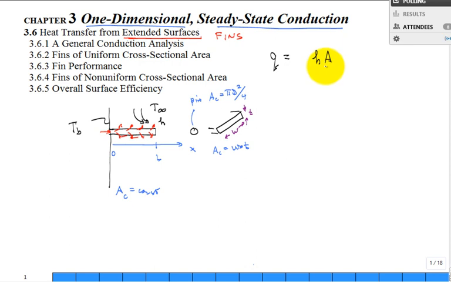I didn't put a C on that. That's for the conduction moving out further and further into the fin. Then times T base minus T infinity. Think about the hot base and the cooler fluid. And then you're going to say, well, that looks like the whole surface of the fin is at the temperature of the base, right?